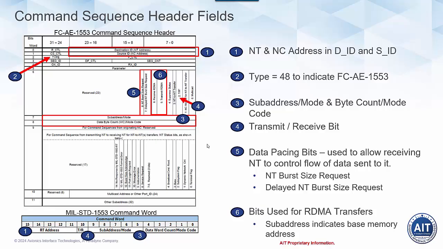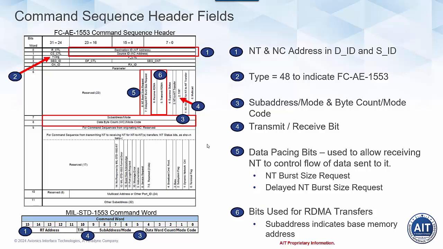And then in word 8, you have the byte count, which is the same as the data word count in a 1553 command word. Then if you look at the bit fields in word 6, you have much of the same bit fields that you have in a command word. So you have the transmit receive bit, which would indicate if it's a transmit command to the NT or a receive command, just like you have bit 10 in a command word.